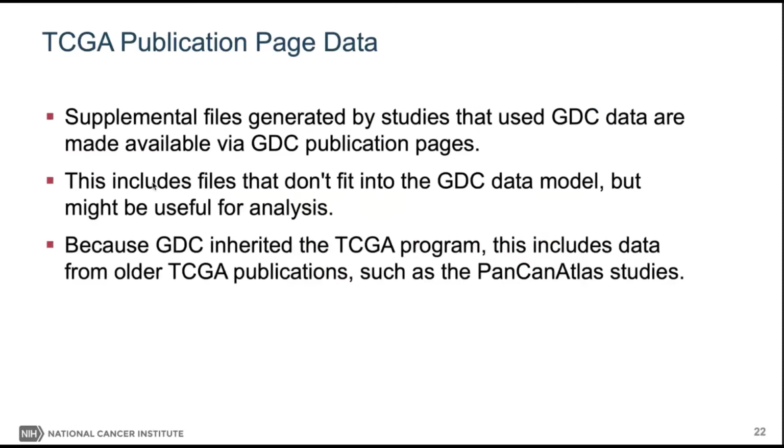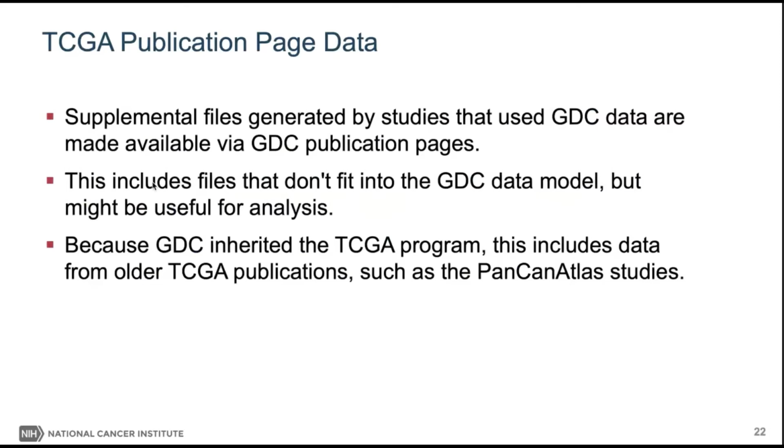usually these files are ones that don't fit into the GDC data model. So normally if a project produced a bunch of, let's say, molecular data, like a bunch of RNA-seq FASTA files, those would go through the regular harmonization pipeline. If there was something like some tables that summarized results that were larger and maybe didn't fit in the manuscript itself, those would be a good candidate for files that would fit in a publication page.